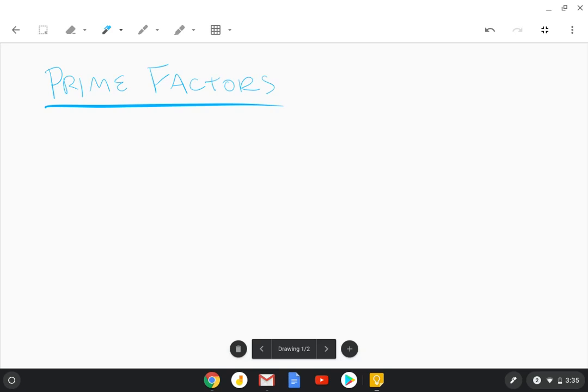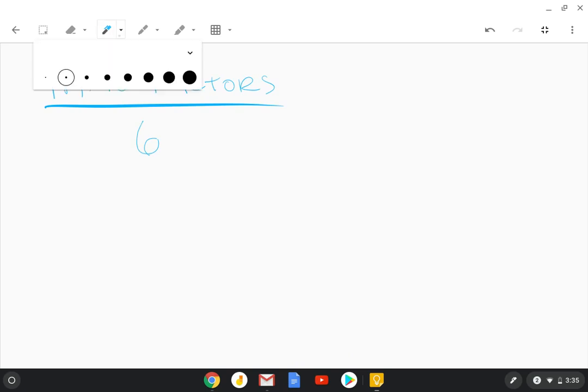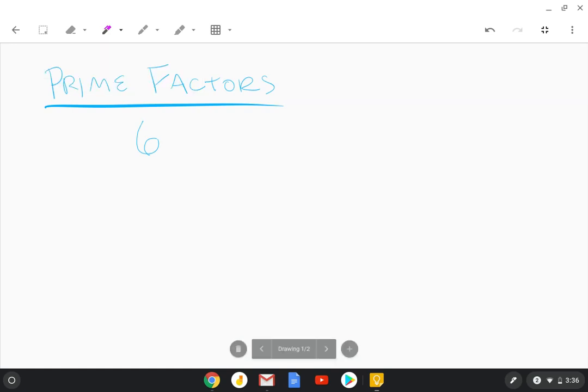So let's choose a very basic example, one we already looked at, which is 6. If I want to do a prime factorization of 6, I am looking for numbers that multiply to make 6. You can use a calculator if you need to, but we know that 2 and 3 multiply to make 6.